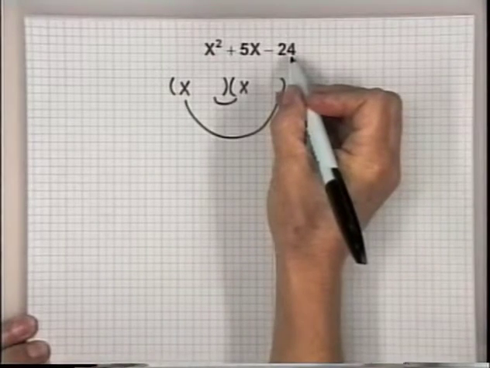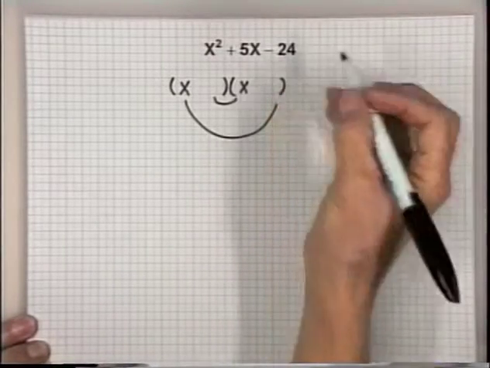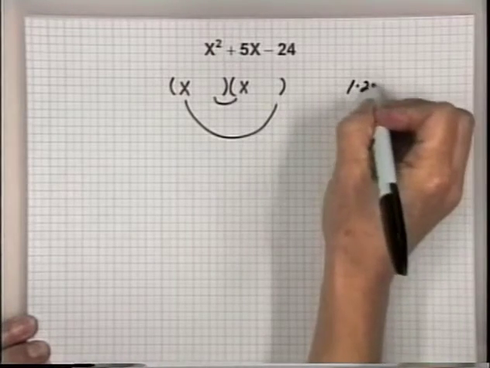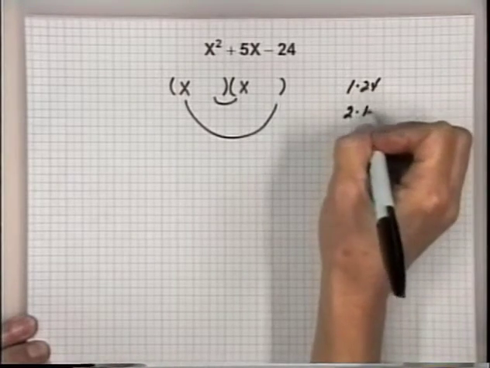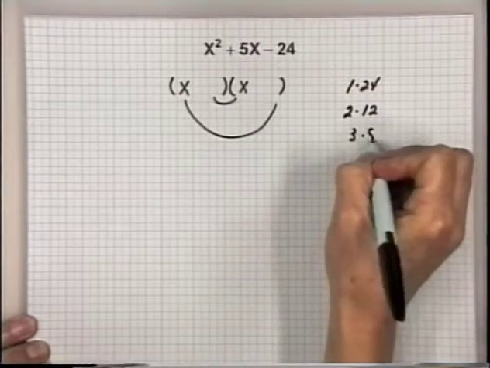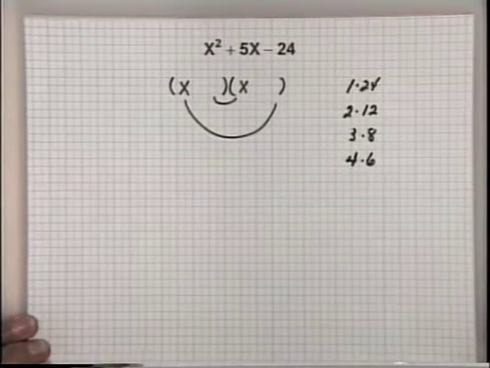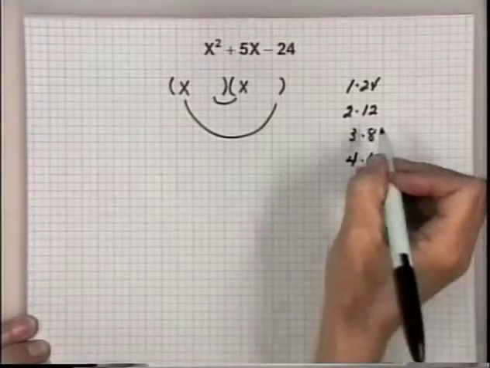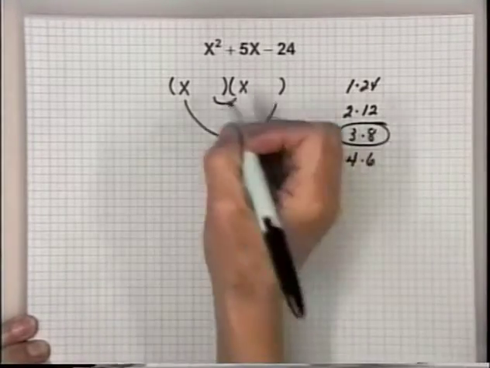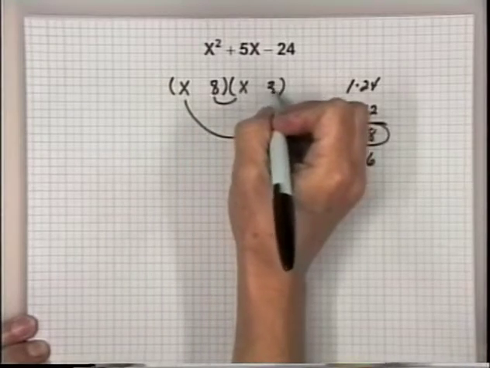We need to use factors of 24 for these positions. 1 times 24, 2 times 12, 3 times 8, and 4 times 6 are our choices. Since we'll be doing a difference this time, 8 and 3 seem to be the likely choices here.